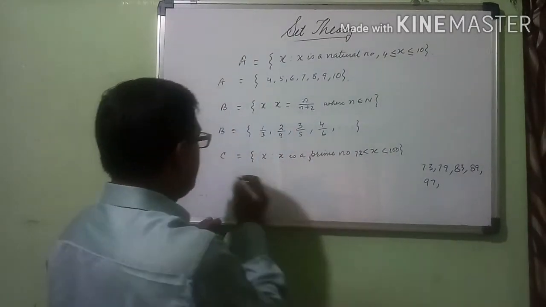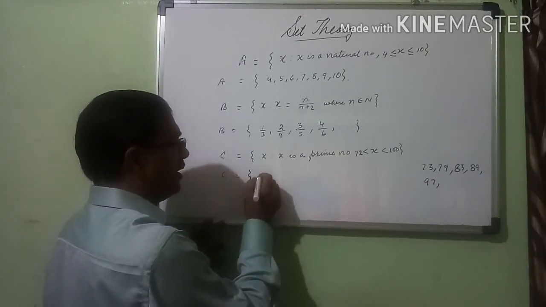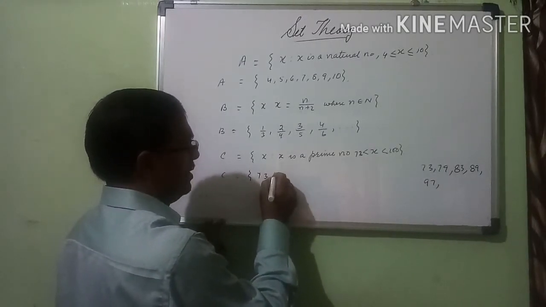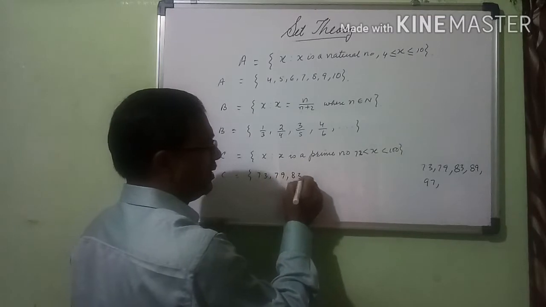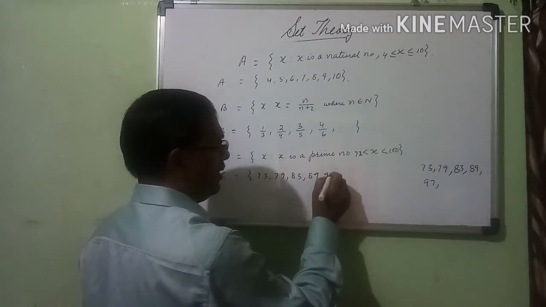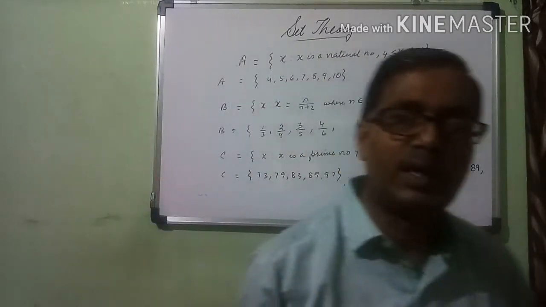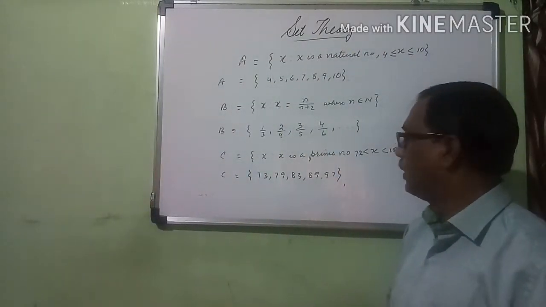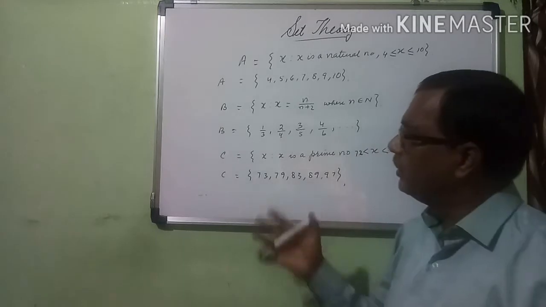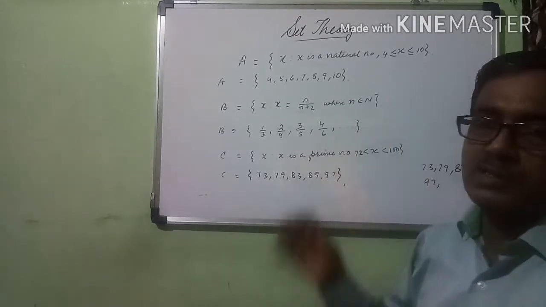So what is your list of prime numbers? It is 73, 79, 83, 89, 97. These are called the prime numbers between 72 and 100. So these are the specifications of this set builder form.